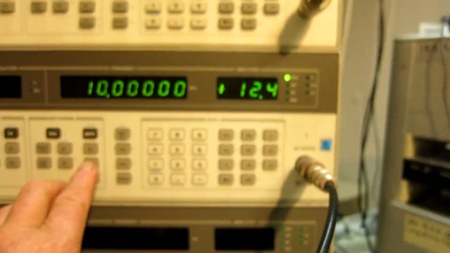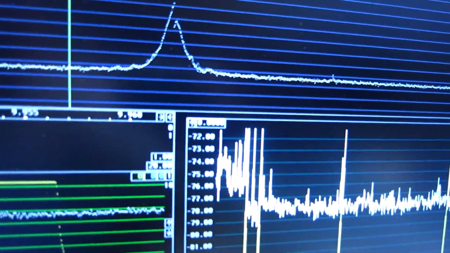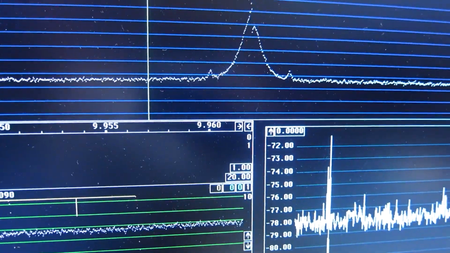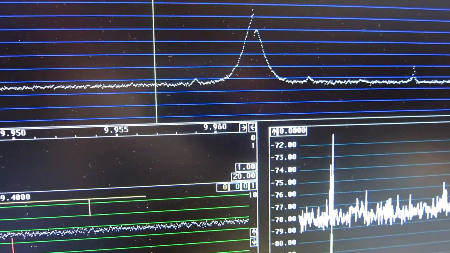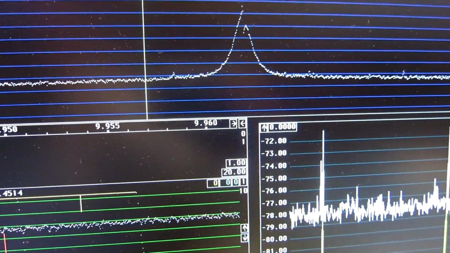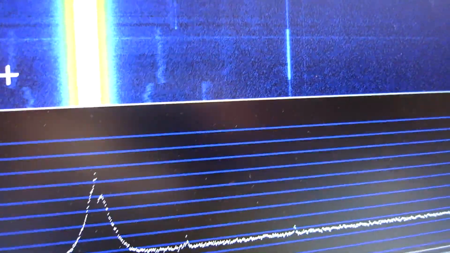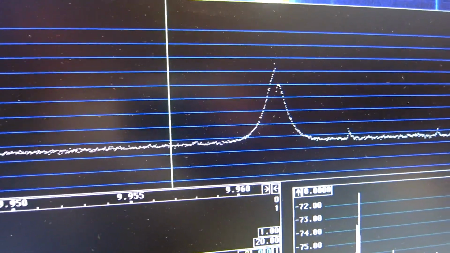I am now at 12.4 here, and I go up: 12.9, 13.4, 13.9, 14.4, and it seems that the oscillations go away when the power goes even higher.